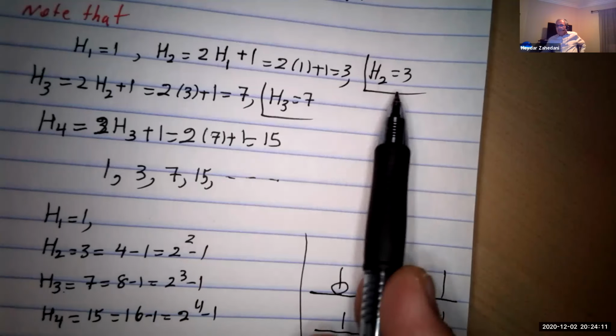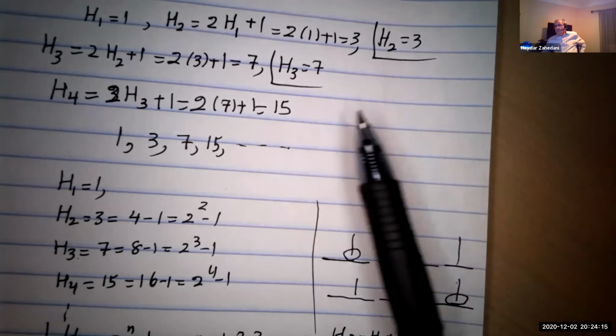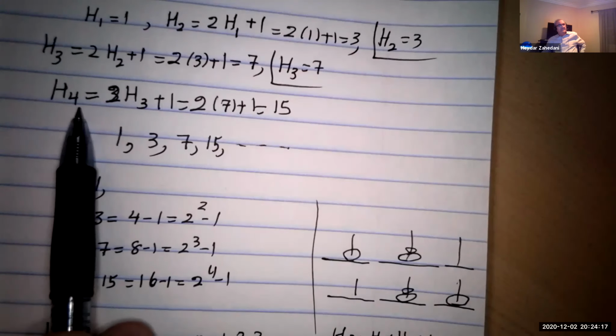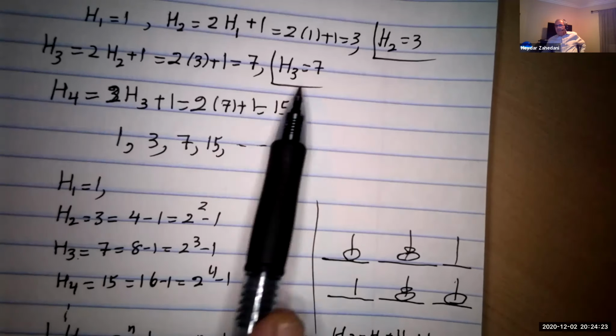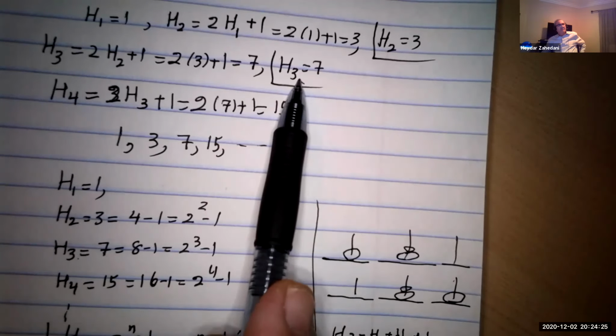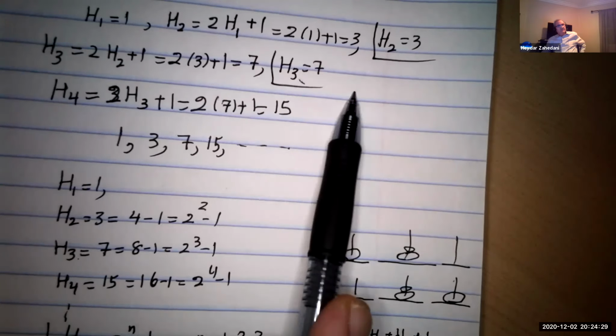Okay, so the idea is, if you want to do it for 4 disks, you are going to transfer the top 3 first. You can move the top 3 with 7 movements from the first peg to the second.